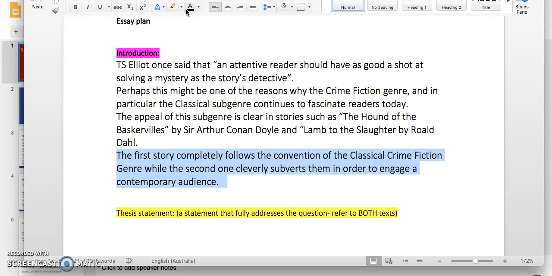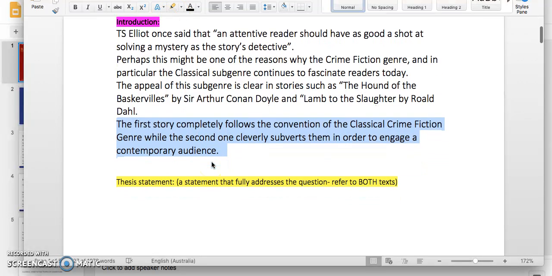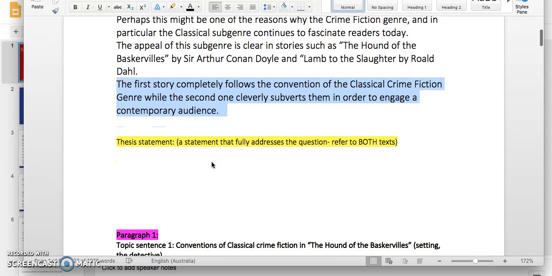Now, in my topic sentences, I'm going to have to discuss how that happens. But in my introduction, I'm merely telling my reader what I intend to discuss later on. So there is my last sentence before my thesis.